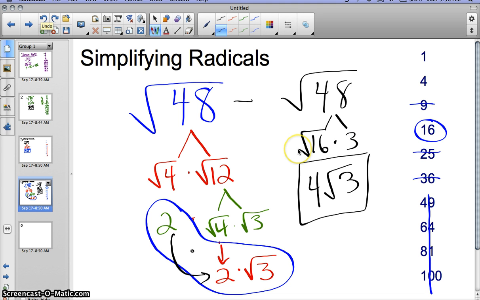And we know that the square root of 16 gives us our 4. And our square root of 3 just gets brought down. So again, if you don't see the biggest possible perfect square that goes into it, that's okay. You can still come up with the right answer. Just know that when you break down numbers, it's still multiplication.